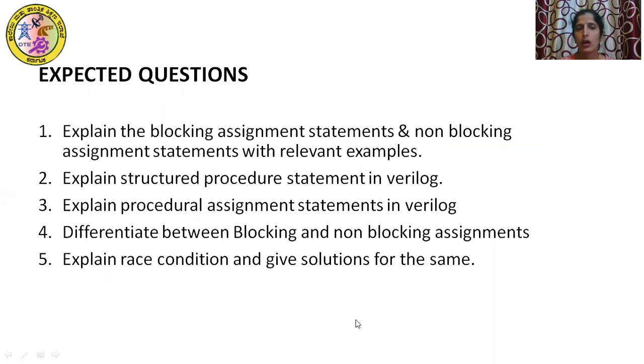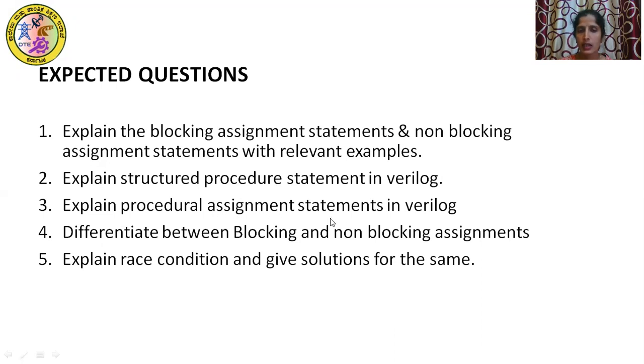Now let us briefly view the questions you can expect from the topics we have discussed in this lecture. Explain the blocking assignment statements and non-blocking assignment statements with relevant examples. Explain structured procedure statements in Verilog, that is, the two structured procedures, always and initial.